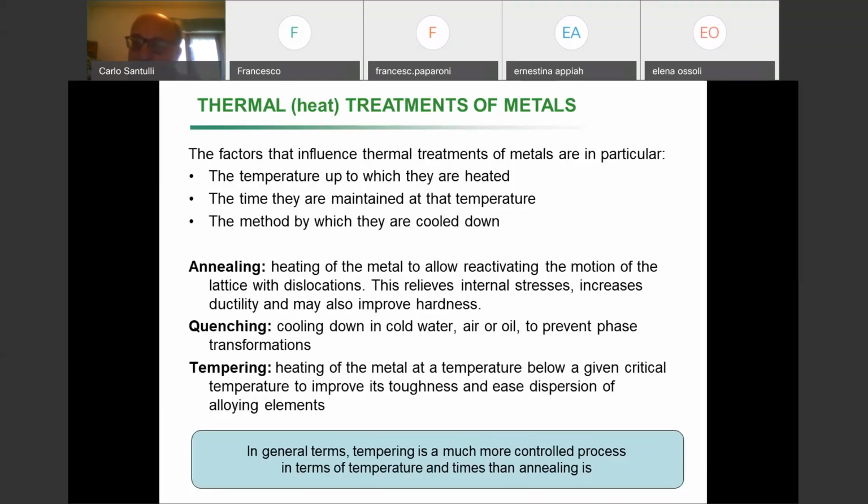An example is manganese and many others. Therefore, a number of problems in metals are given by the fact that the alloy does not diffuse in an even way, doesn't diffuse uniformly.